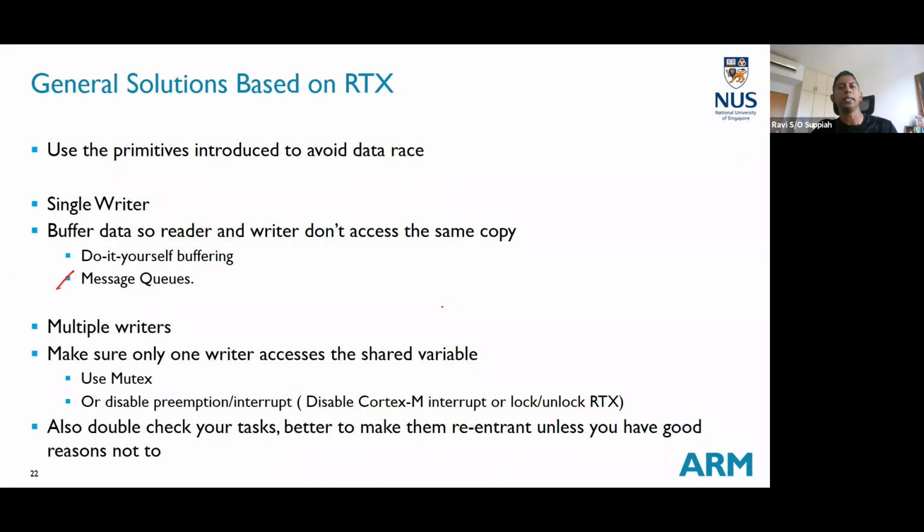Of course, another option besides mutex is to consider disabling interrupts, because interrupts will also be accessing your shared data. In the case of interrupts accessing shared data, you need to make sure that you disable interrupts while you're accessing the shared data, to prevent corruption.